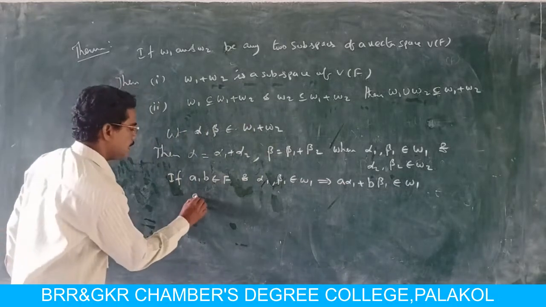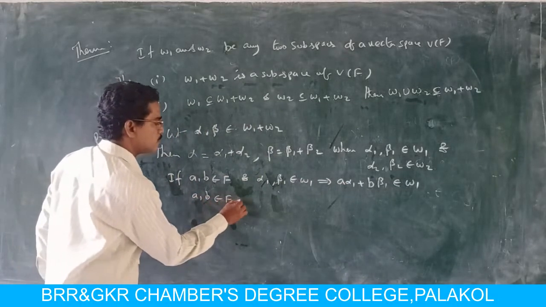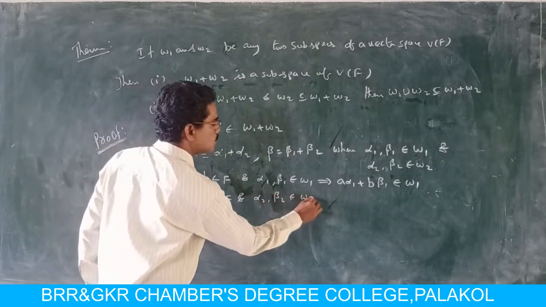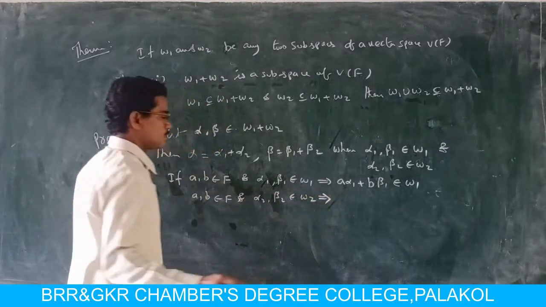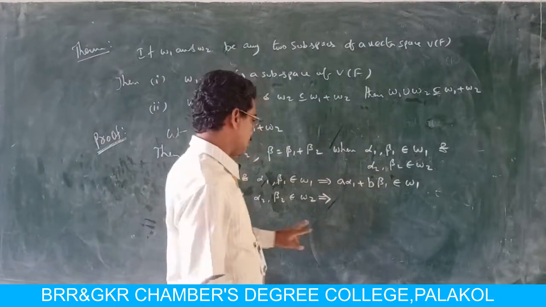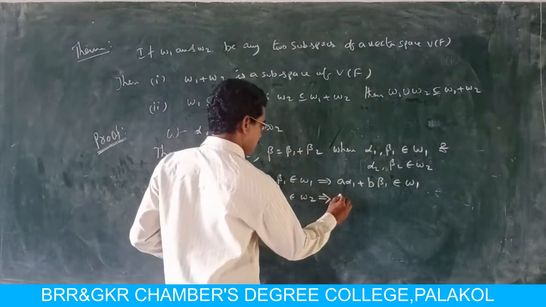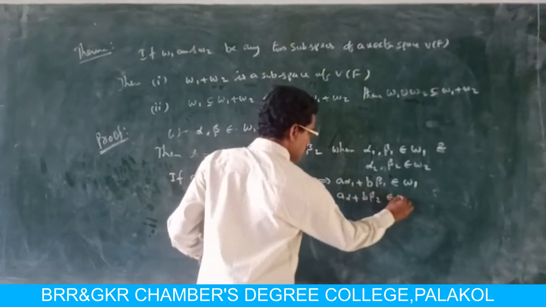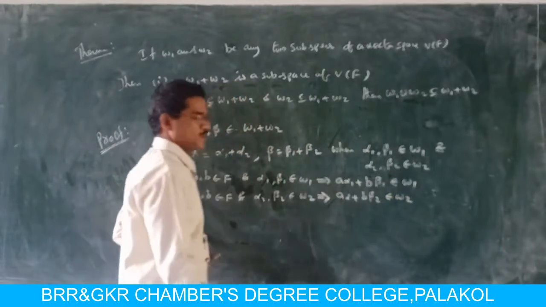Similarly, a, b belongs to F and alpha 2, beta 2 belongs to W2. Alpha 2, beta 2 belongs to W2 implies, by using the definition, a alpha 2 plus b beta 2 belongs to W2.